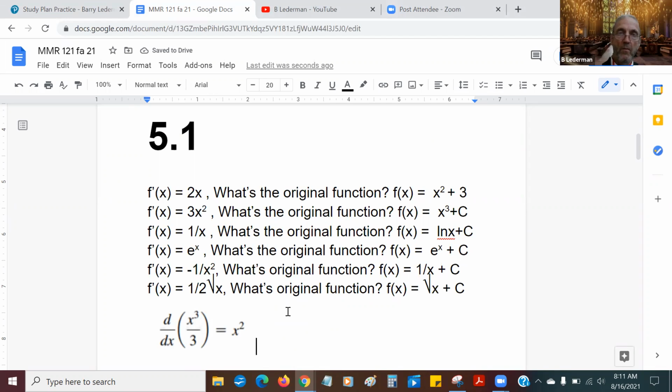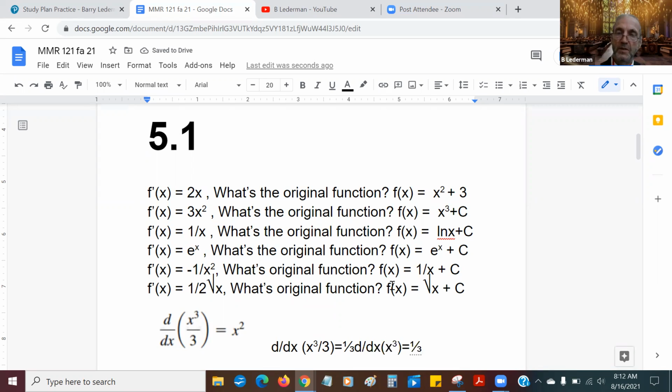The derivative of x cubed over 3. With the derivative, you're allowed to take the constant out, and I get 1/3 times the derivative of x cubed.